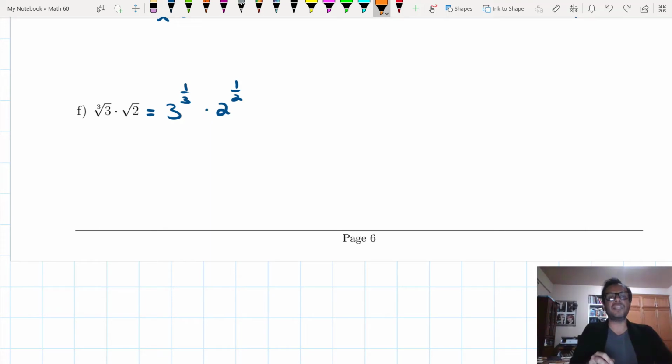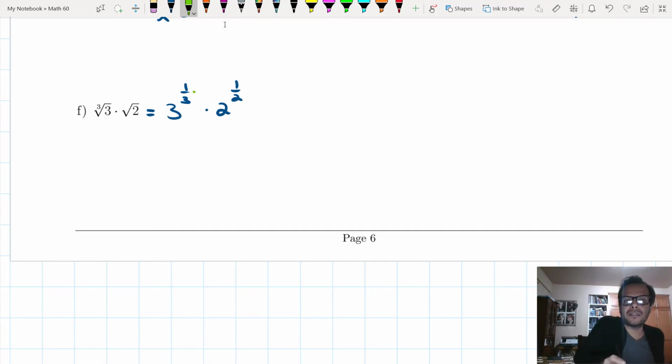In this case, we cannot just add the exponents because the bases are not the same. If these were both the number 3, then we can do that. Or if they were both the number 2, then we can still do that, but not in this case. So what are we going to do? Well, the trick here is, we wish we had the same denominator, so we can undistribute and write it as a single radical. We don't have the same denominator for each power, but we can make that happen.